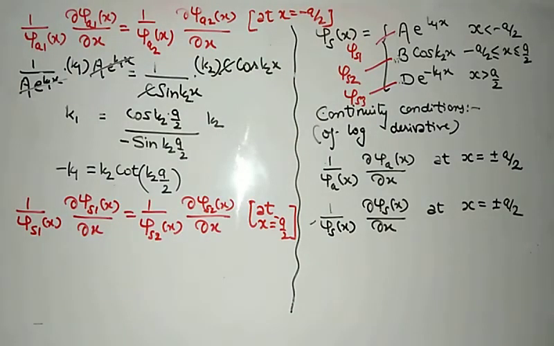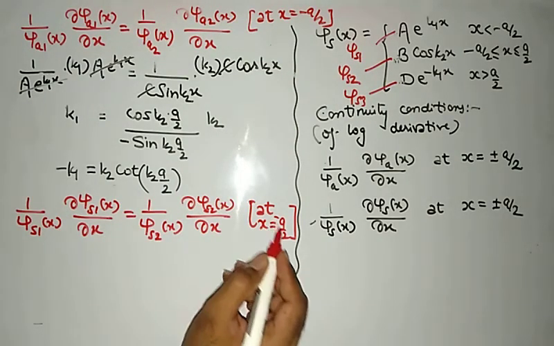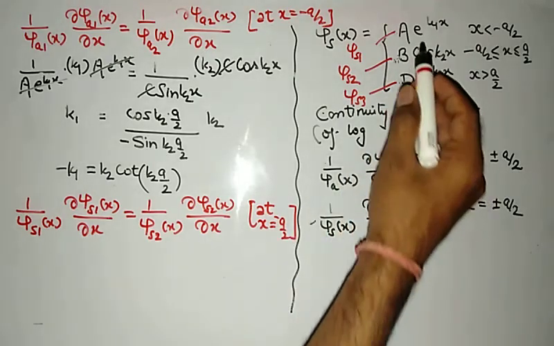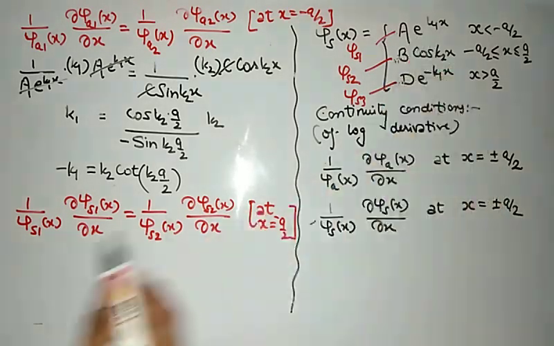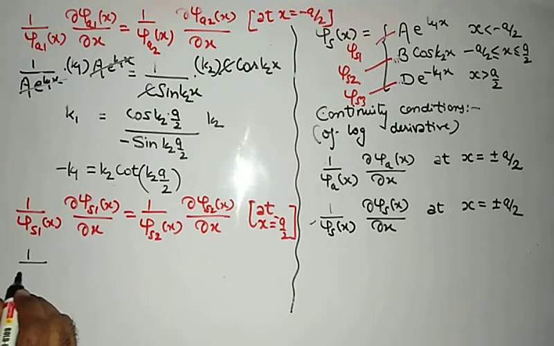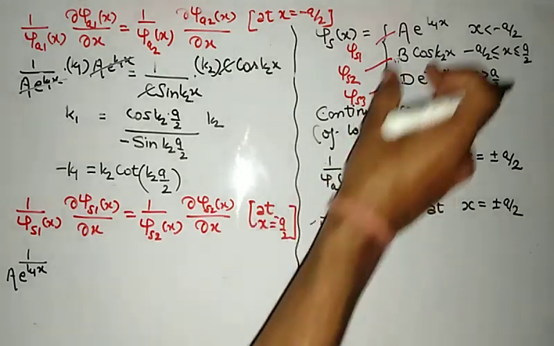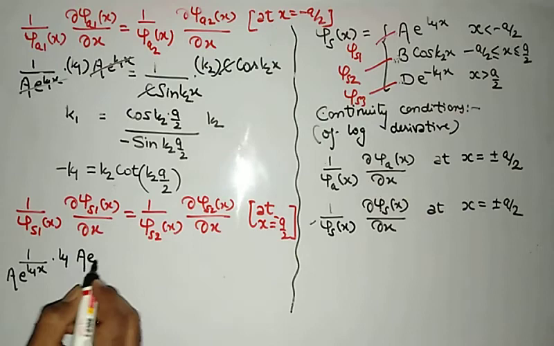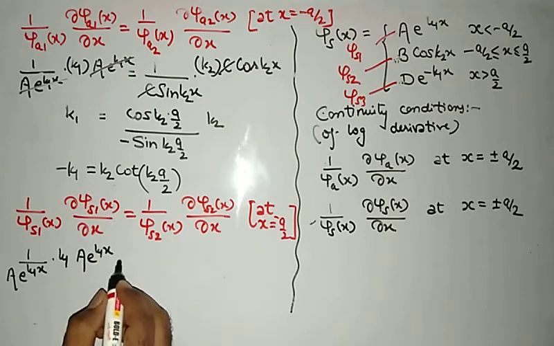Okay, so here this is minus a by 2. Now putting value, so psi s1x here, so writing 1 upon a to the power k1x and differentiating this part, so k1 a to the power k1x.